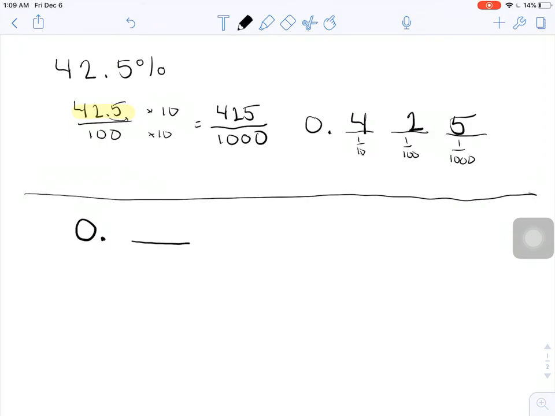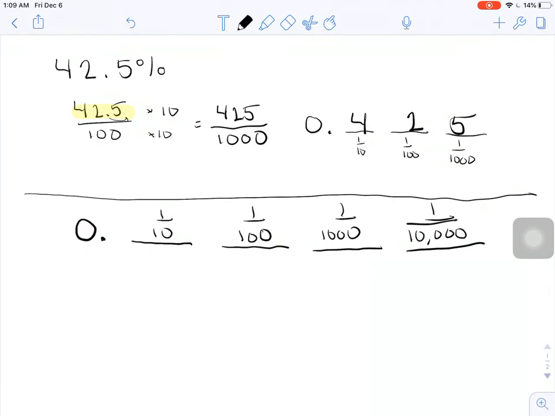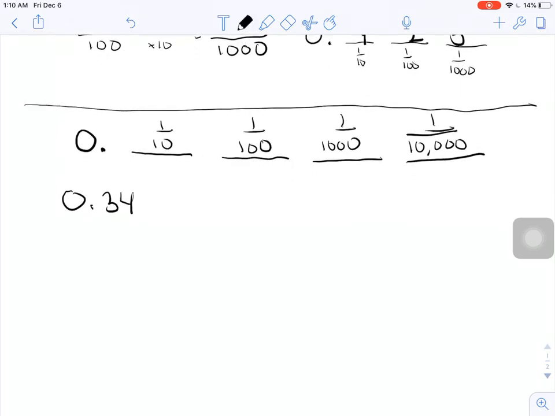The first number after the decimal point is the tenths place, and then the hundredths place, and then the thousandths place, and then the ten-thousandths place, and it keeps going. We need to remember what fractions match with those spots in order to ultimately get from a decimal to a percent. So if we're starting with a decimal, our first step is to take the decimal and write a fraction based on the place value from the decimal.